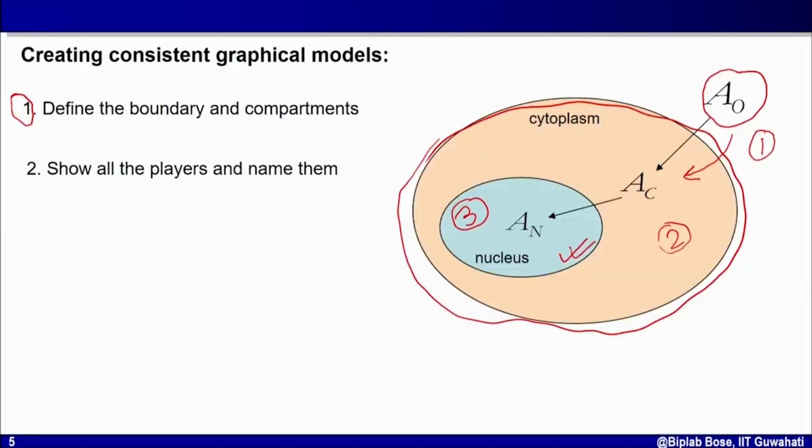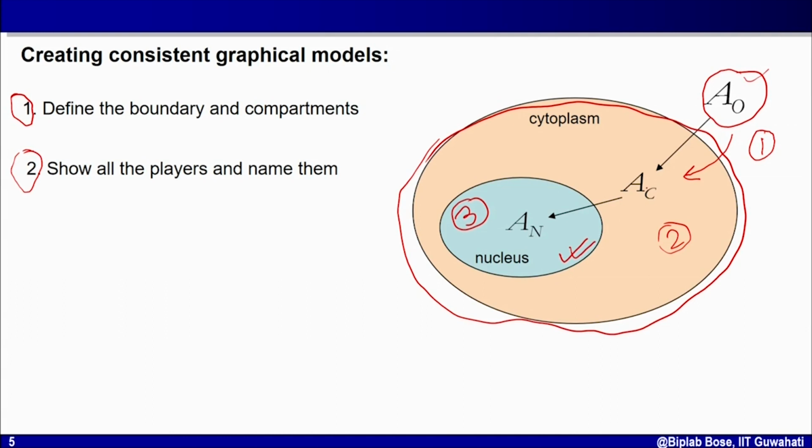The second point is that you have to identify all the players involved in the process that you want to model. For example, in this example that I have drawn here as a graphical model, the molecule is present initially outside, as I have marked, that is AO, meaning molecule A present outside the cell.